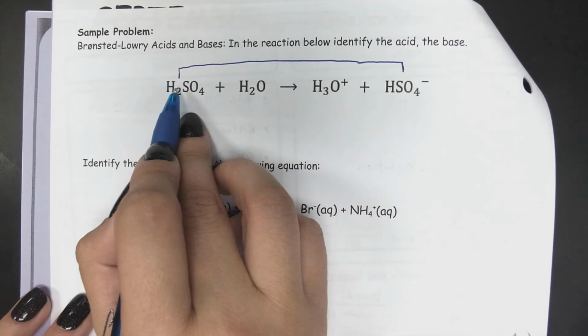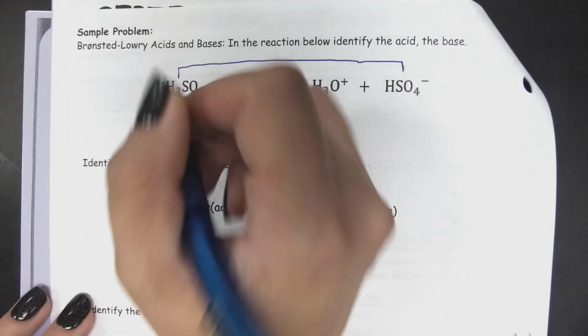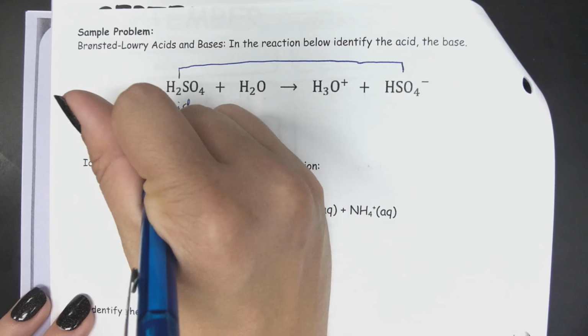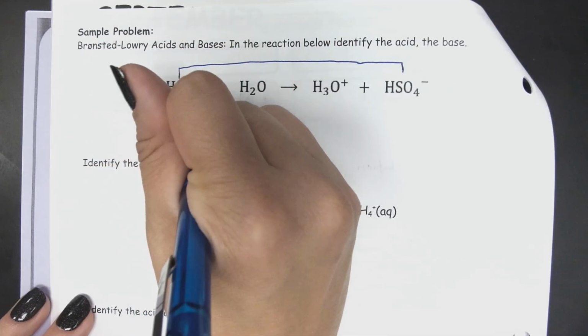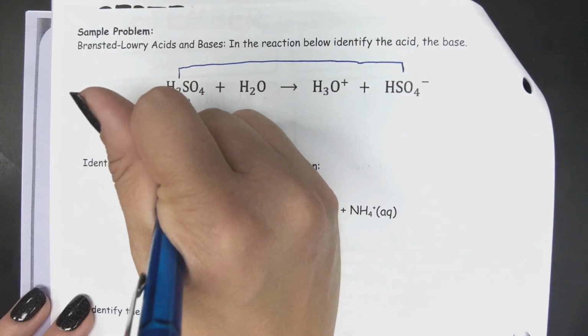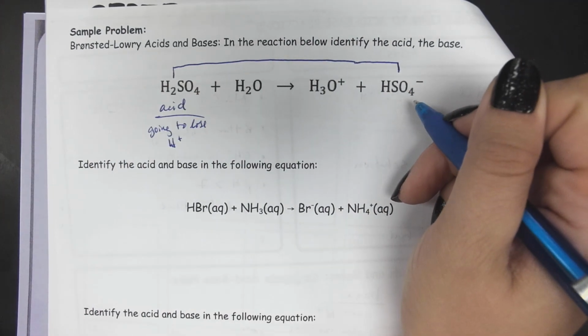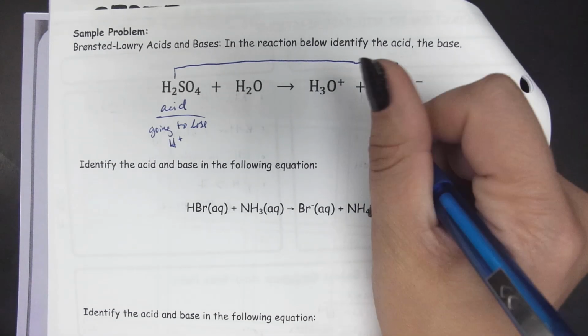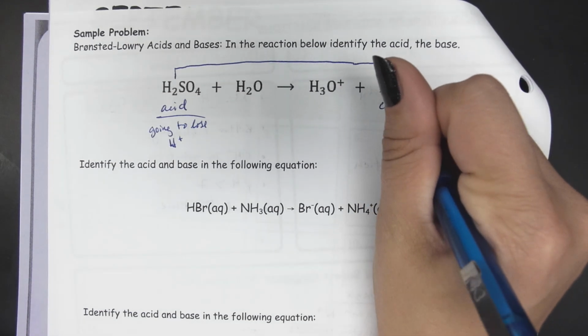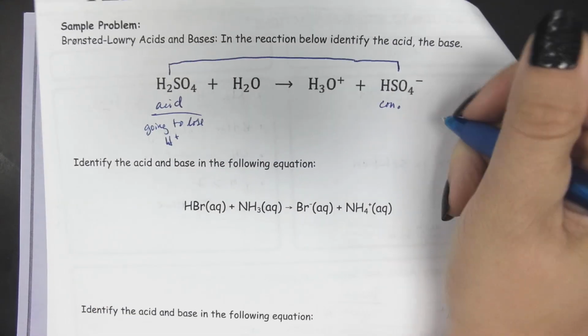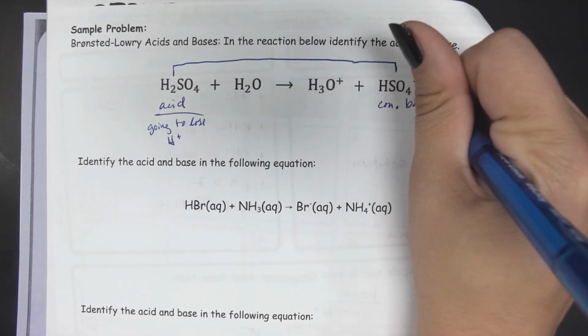So this guy is going to lose a hydrogen, so it's an acid. Going to lose H+. And then notice that what it turns into, we always call it a conjugate, and then it's the opposite. If this is an acid, it turns into a conjugate base.